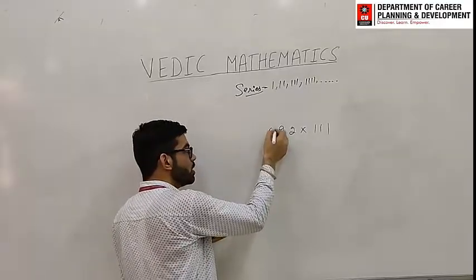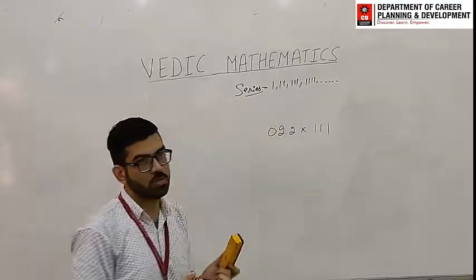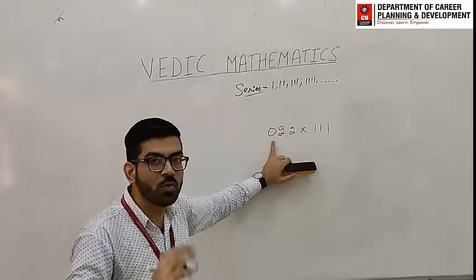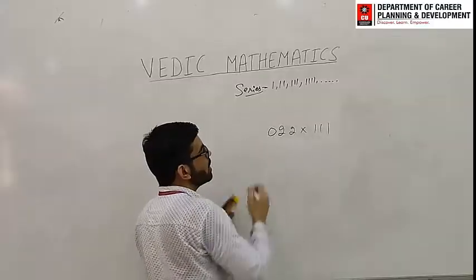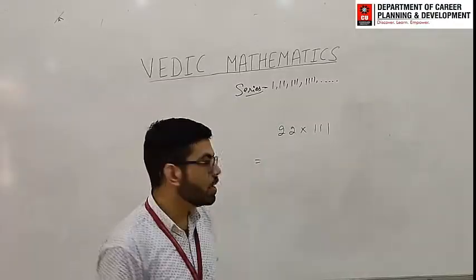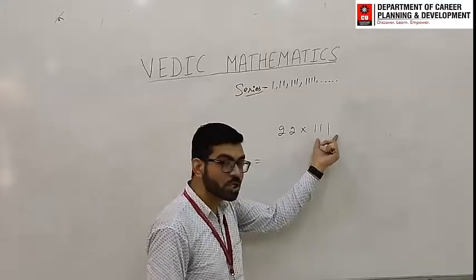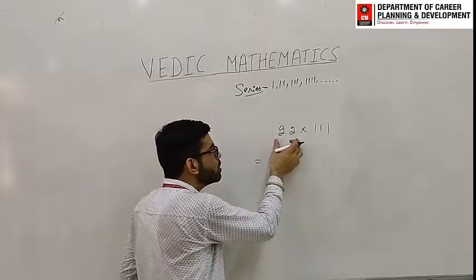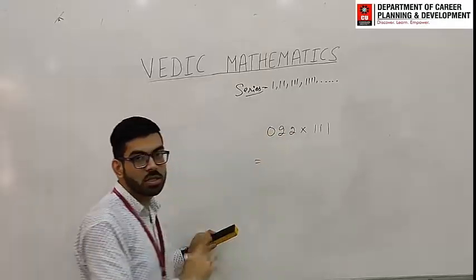We can put 0 here to make it a 3-digit number. Now the confusion will be removed from your mind about how many numbers we have to add here. Because if we write it as 22, the confusion will be that according to the trick we have to add up to 3 numbers, but this is a 2-digit number. That's why I am putting a 0 here.